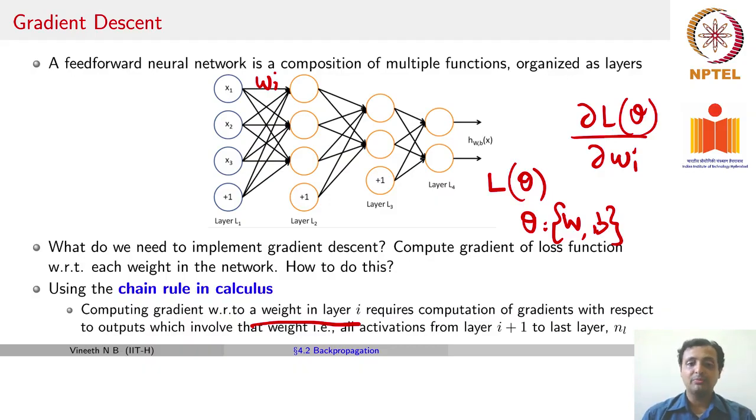To do that, we're going to use the chain rule, which means we have to find dou L by dou theta by computing partial derivatives of all the steps in which wi contributed across all of the layers. For example, wi probably contributed to every value because this neuron contributes to every other neuron in the next layer, and so on and so forth. So we now have to sum all of those contributions up and then find the gradient of the loss function with respect to this wi. That's the overall intuition, but let's see how we actually do it as an algorithm.